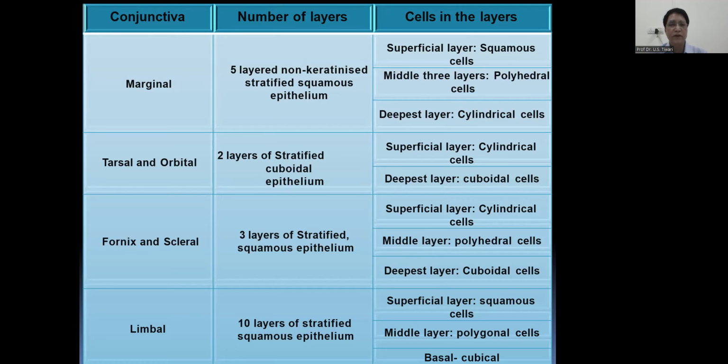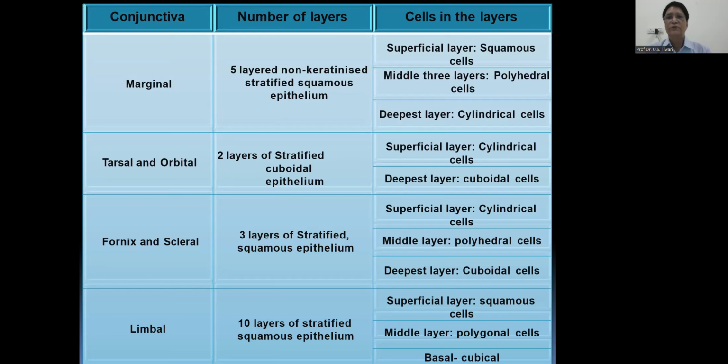The fornix and the scleral part is a 3-layered epithelium, and the limbus is a 10-layered stratified squamous epithelium. It is the limbus that is the seat of the limbal stem cells, and the fornix that is the seat of the conjunctival stem cells.